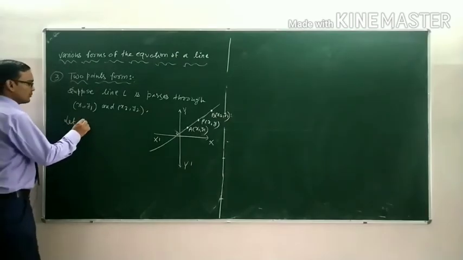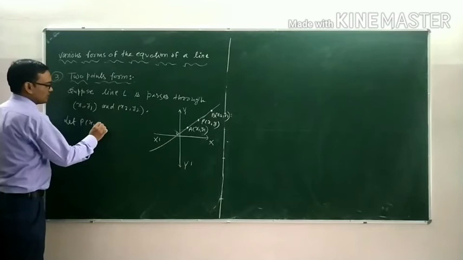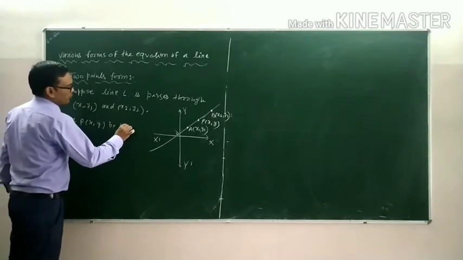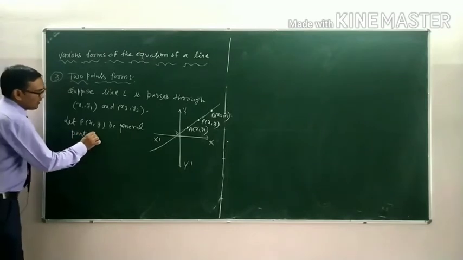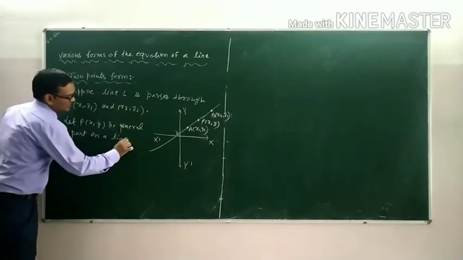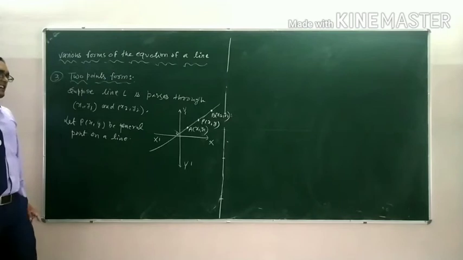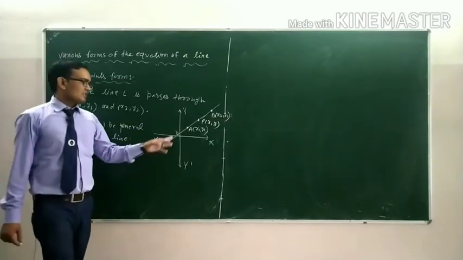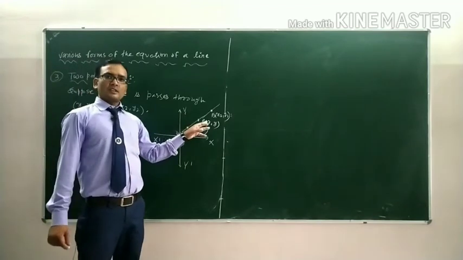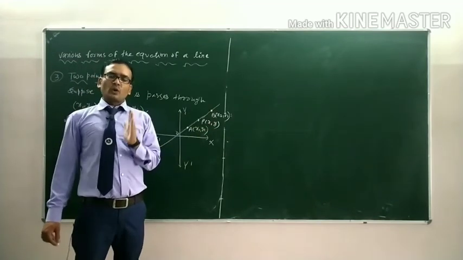Let P be a general point on the line. We take a general point on the line. Here points A, P, B are collinear points.